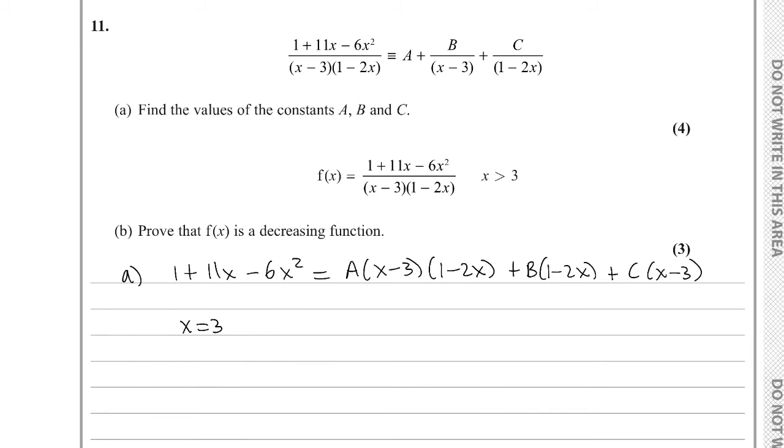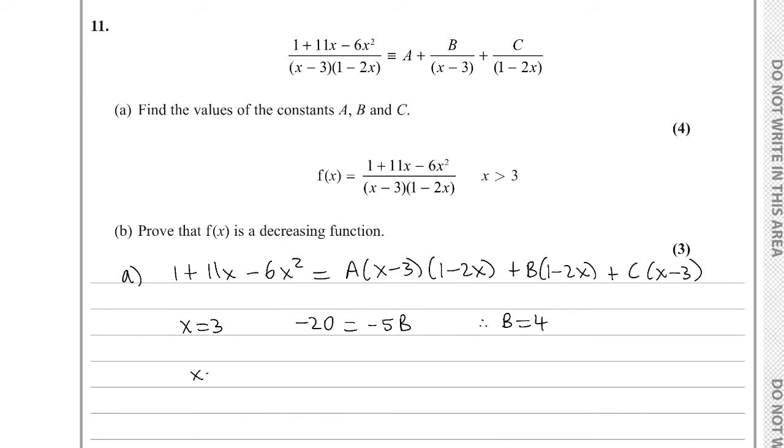And if I pick x to be 3, this will allow me to find the value of b. So I'm just substituting x is 3. On the left hand side, I get minus 20. And on the right hand side, I get minus 5b. And therefore b is 4.